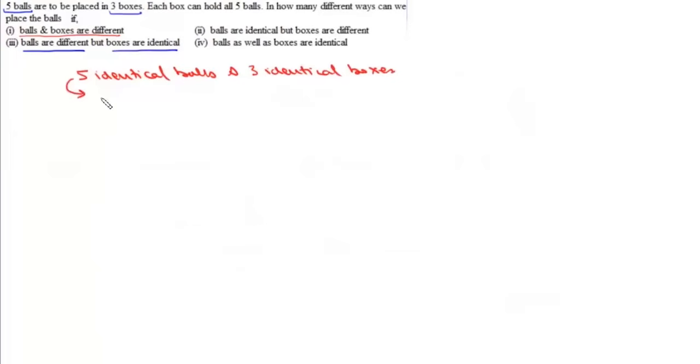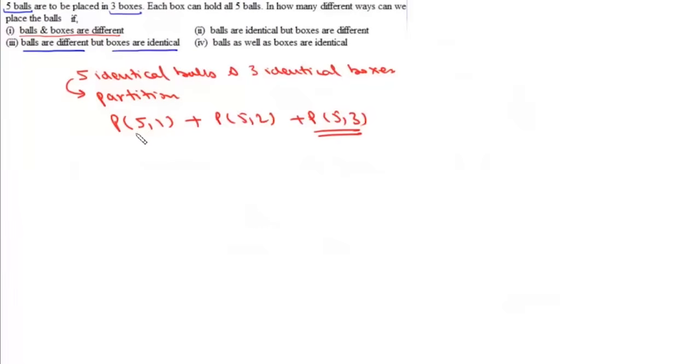Now this again is nothing but a partition problem. So previously we have partitioned 5 in 3 sets. Now since in this case empty boxes are allowed, we need to find this partition P(5,1) plus P(5,2) plus P(5,3). If no box is empty, then we just have to find P(5,3). But here we have to find P(5,1) plus P(5,2) plus P(5,3).